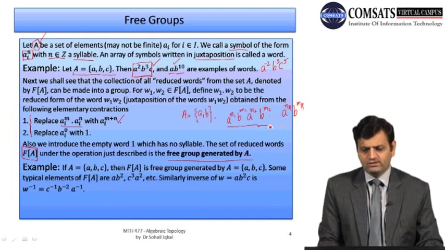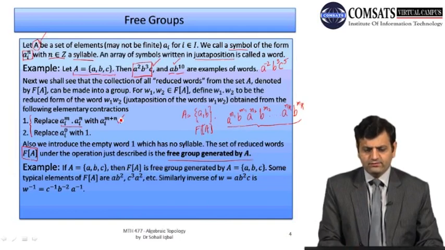So this is a general element of F(A), where A is basically a set of two elements. That's how a general element of the free group generated by this set A will look.